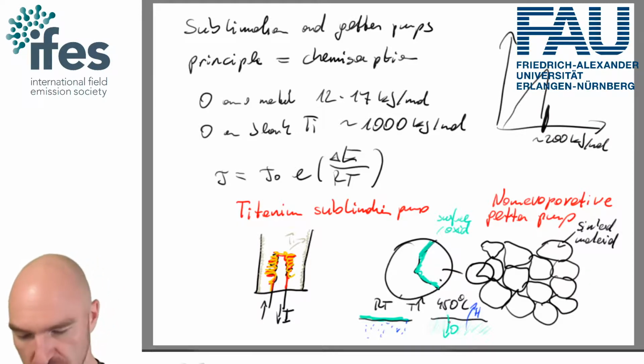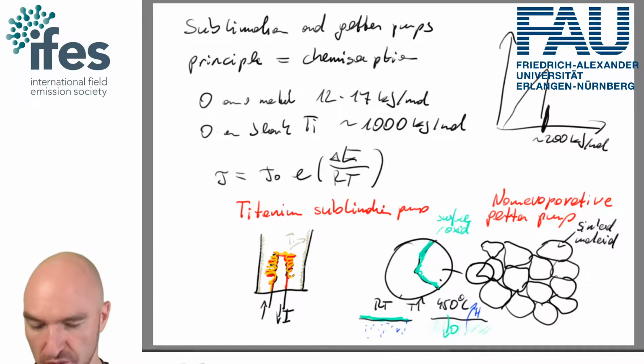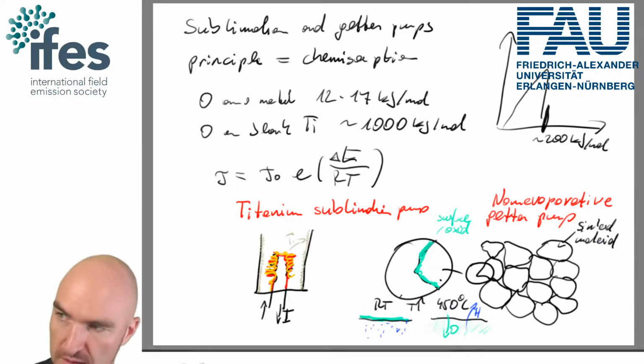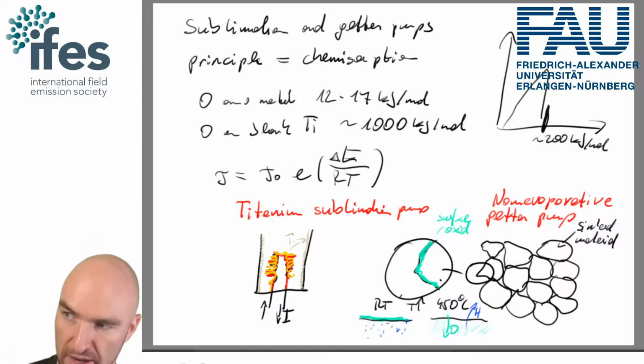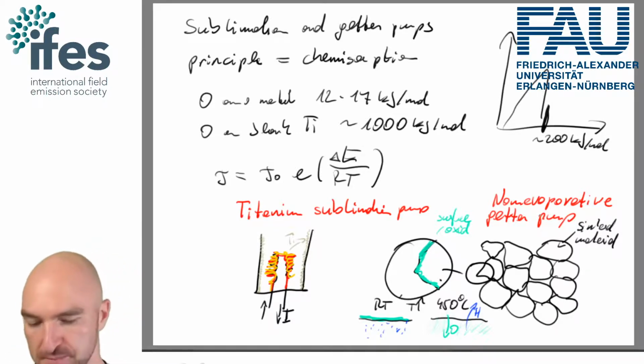But of course, the sorption capacity of those pumps is limited, because you create a surface, and once that surface is fully sorbed, it will no longer sorb. So if you have a lot of hydrogen in your system, you probably need to regenerate your pump if you've got a non-evaporative getter pump.